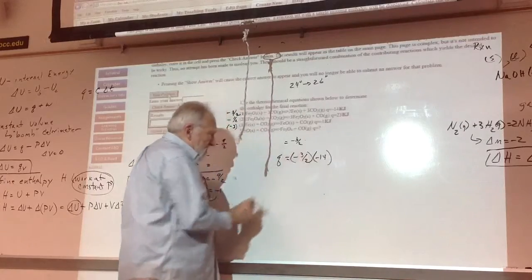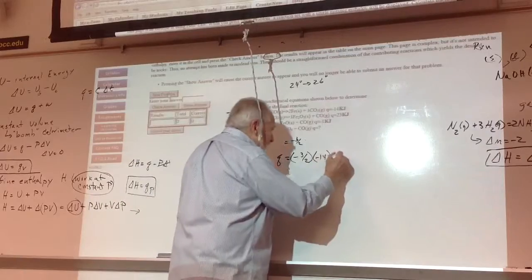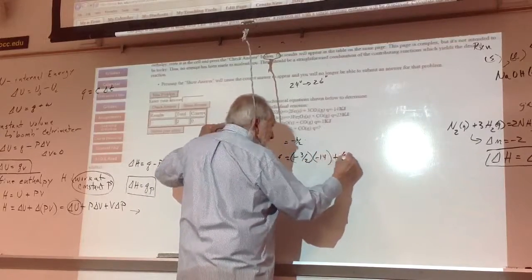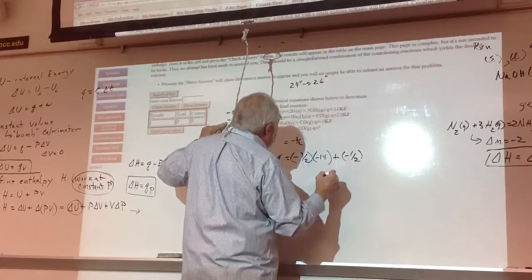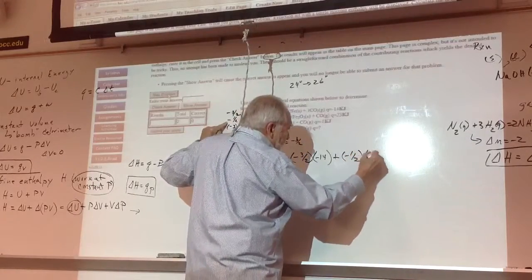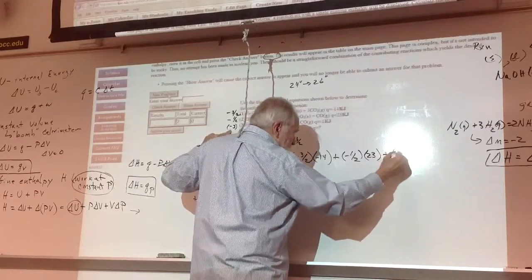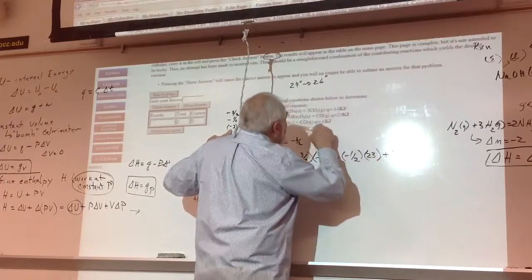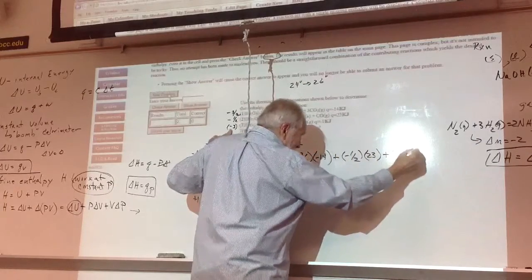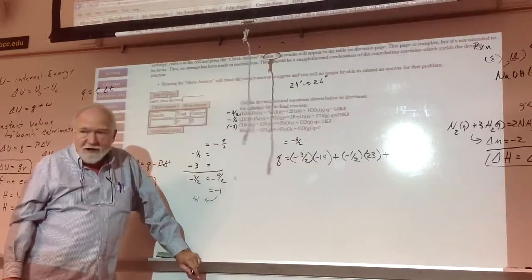This is where you do the parentheses in your change sign functions, and it's going to be plus minus 1/2, and plus that minus 1, 2. And now you get your calculator out and solve.